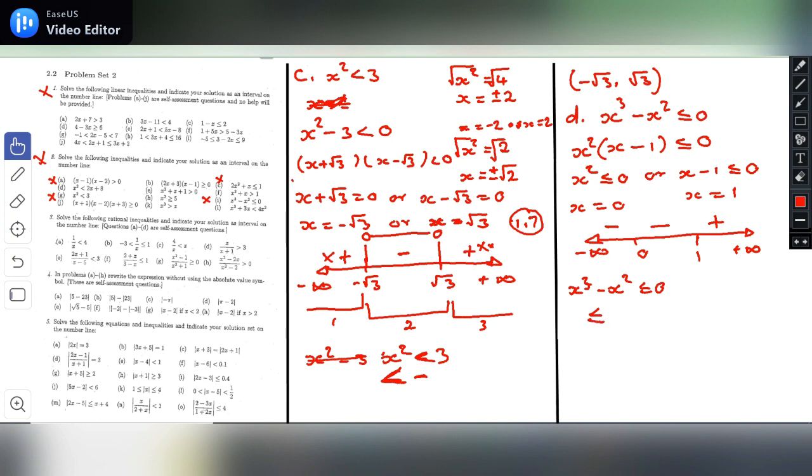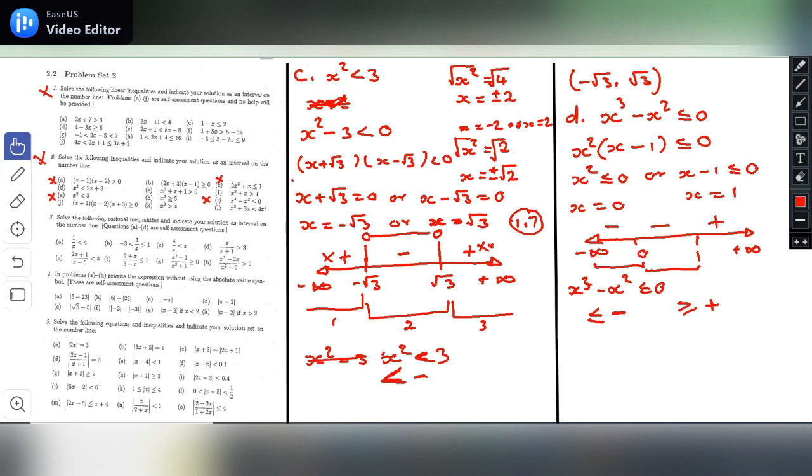Like I said, whenever it's less than or equals to, we focus only where we found the negative sign, right? And if it was greater than or equals to, we focus only where we found the positive sign. So now we focus where we found the negative sign. And the negative sign is from negative infinity to 0, and also from 0 to 1. Can you guys see it?